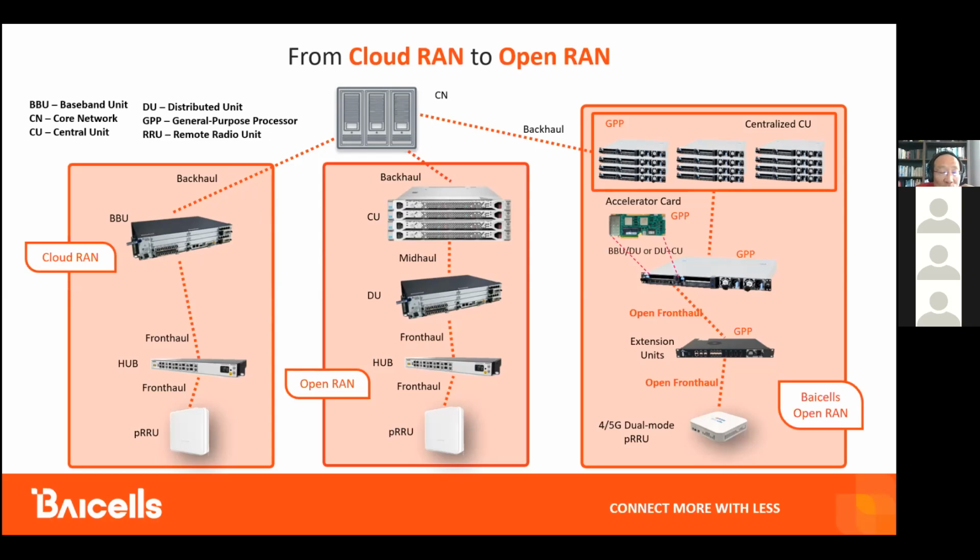Right? The first step of Open RAN is the movement of Cloud RAN, where you split the baseband functions from the radio functions so that you can centralize the baseband capabilities in a centralized location, such as in a switch room.